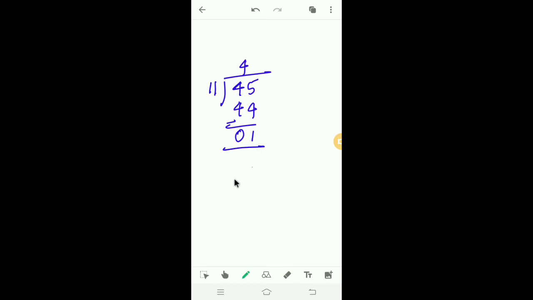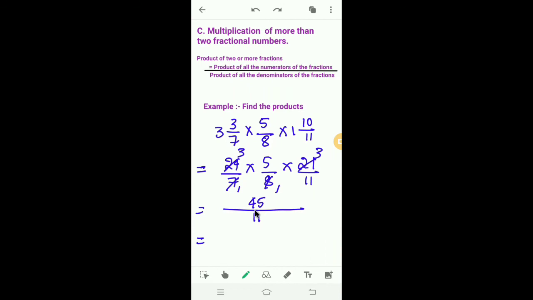So the answer is 4 1 by 11. Therefore the answer is 4 and 1 by 11.